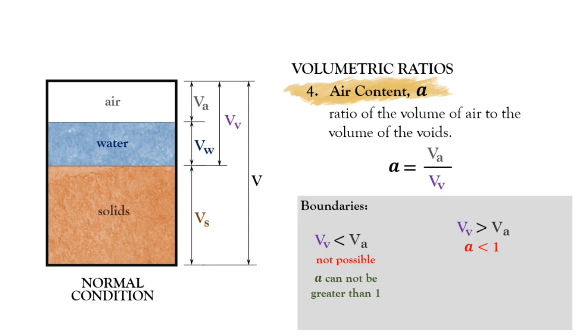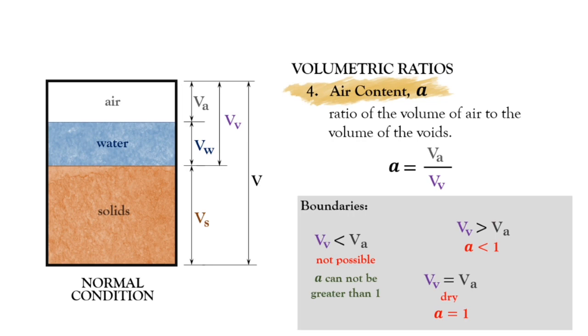So if the volume of the voids is equal to the volume of the air, ang tawag natin sa condition na yun ay dry condition dahil walang volume of water sa volume of the voids. And if that happens, A is equals to 1. Kasi kung titingnan natin yung equation, VA is equals to VV, that is equal to 1.